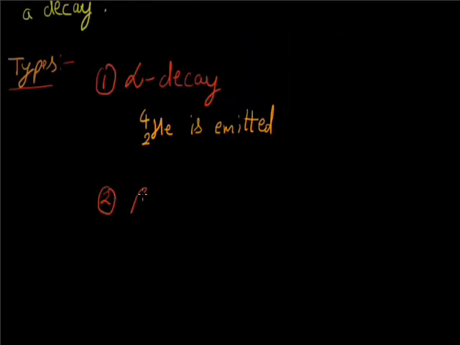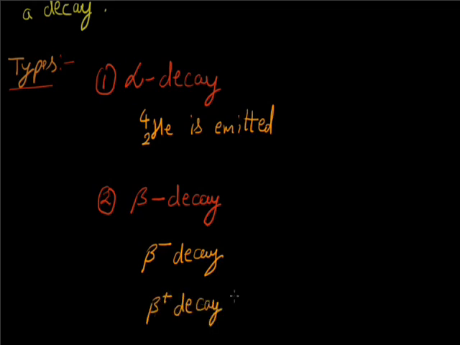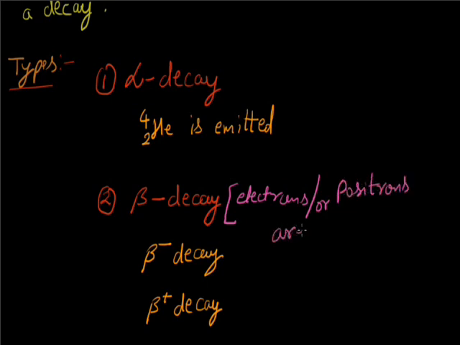We have beta decay. Beta decay is of two types. First is beta minus decay. Second is beta plus. In these decays, the electrons or positrons are emitted.